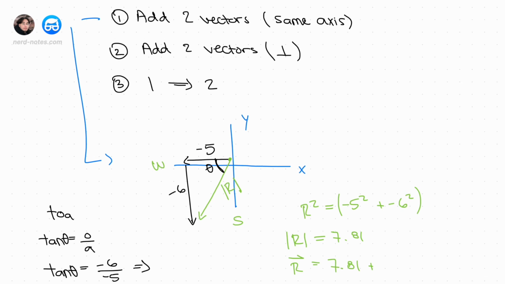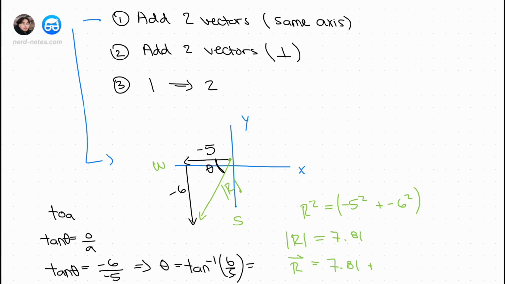I'm going to take the inverse tan on both sides, and I'm going to be left with theta equal to the inverse tangent of 6/5. That will give you a result of about 50.2 degrees.